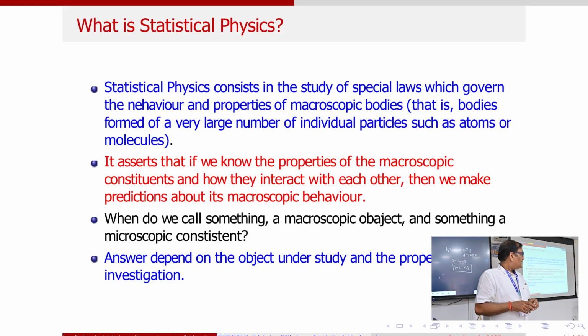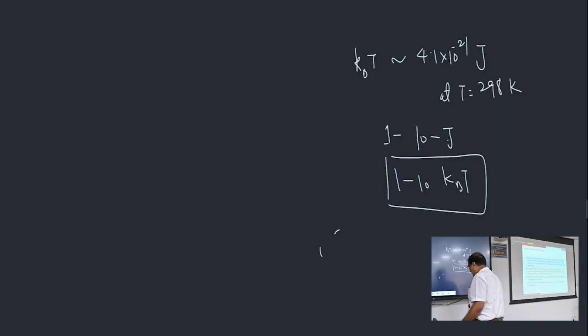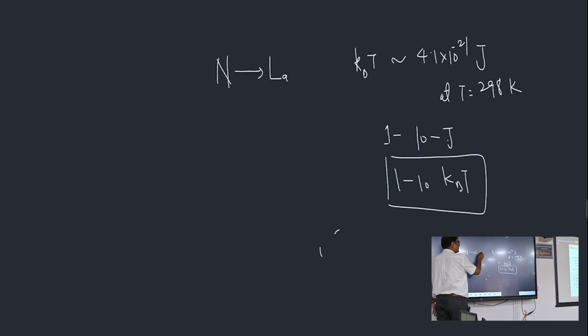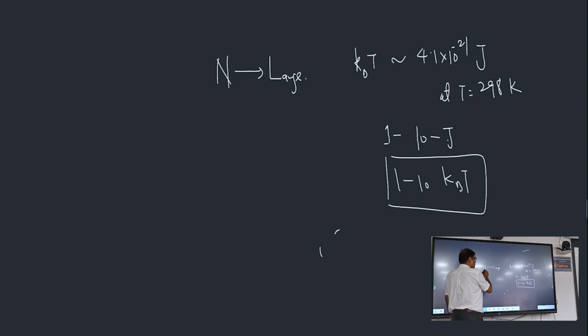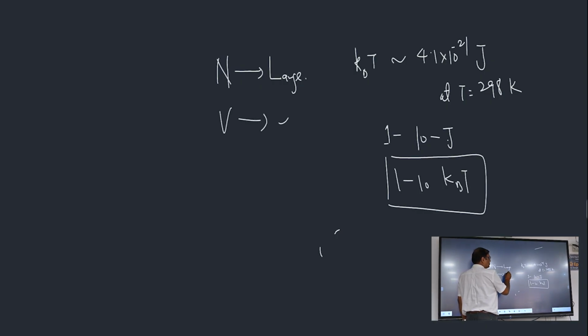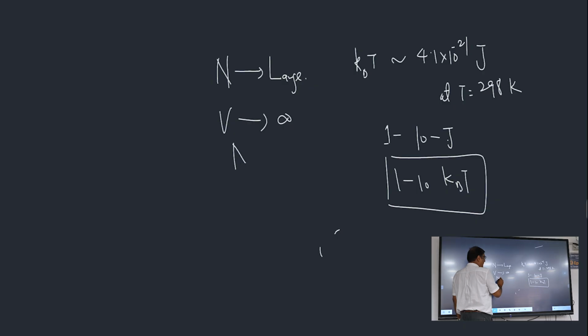First, that the system should be large in size. When I'm saying large in size, it simply means we are talking about the thermodynamic limit. Thermodynamic limit means we are talking about the number of particles to be very large. Okay, so volume also tends to infinity, keeping N by V constant.